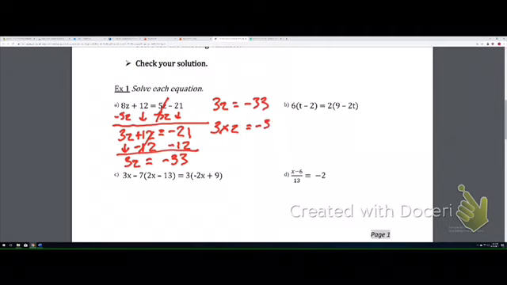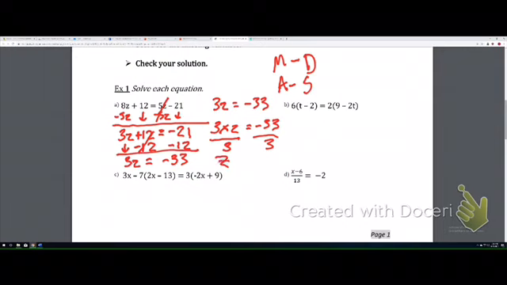If we wanted to get the opposite, just like we did with addition and subtraction, we have to do the inverse of the function, which is to divide by 3. Remember that multiplication is the opposite of division, and addition is the opposite of subtraction. So when you want one to cancel out, you do the inverse function. We divide by 3 on both sides, which gets us z equals negative 11 as our answer for the first equation.